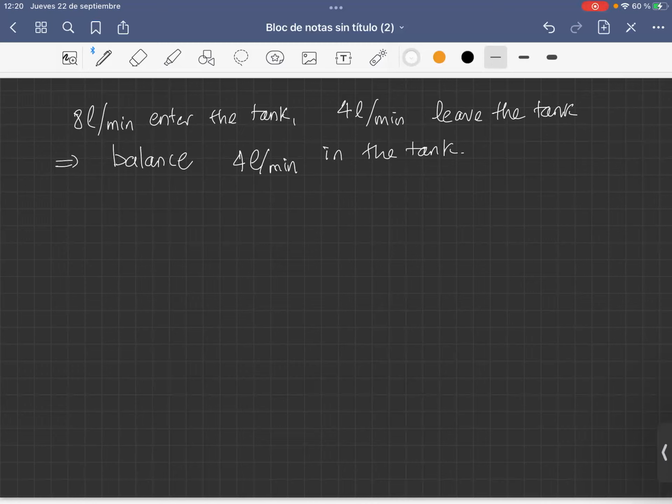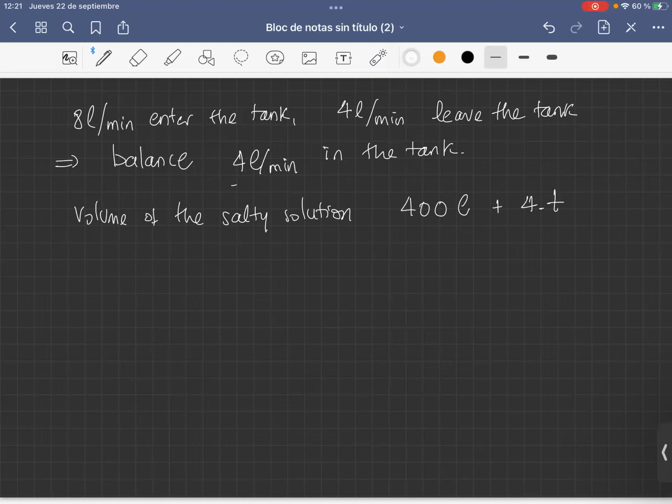Okay, so basically it means that the volume of the salty solution is going to be the initial volume of the tank, that was 400 liters, plus 4 liters times T. So C, that is 4 liters per minute.